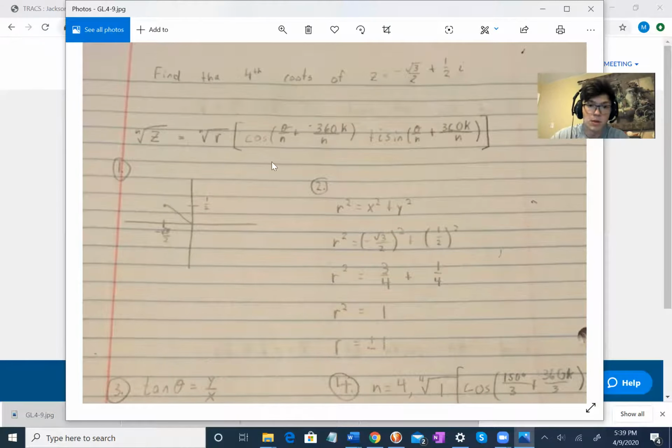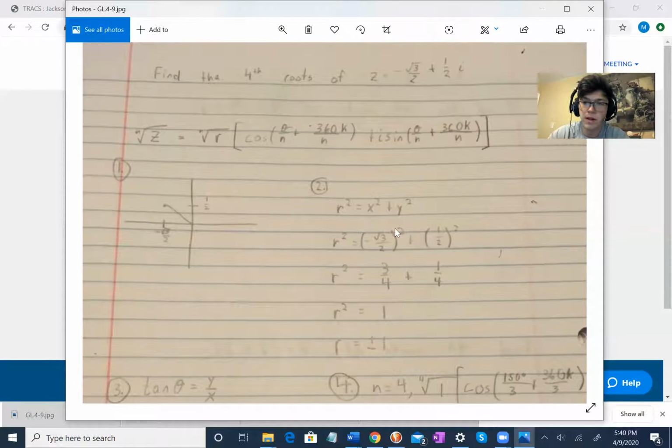Okay, so if I'm going to get this equation going, I need to find r and theta. So I'm going to start with r. Remember, to find r, we can always use the Pythagorean theorem: x squared plus y squared equals r squared, okay? So the x here, remember, was negative root 3 over 2, and the y was 1/2. I just plug those in for x and y, then I square them.